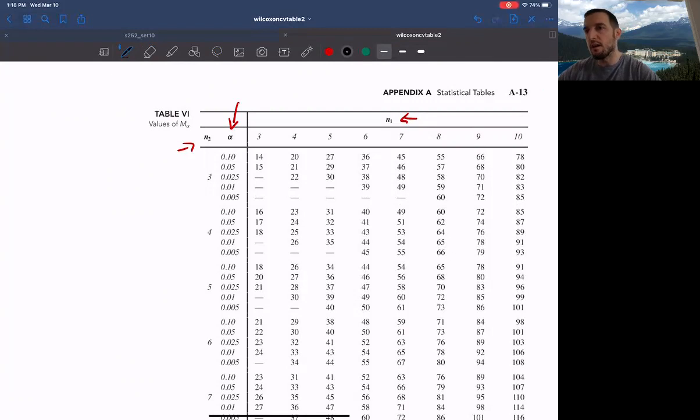So we would require at least 3 observations to say that it is a valid sample. So we have a restriction that we have to have between 3 and 10 observations in both samples in order to use this particular table.